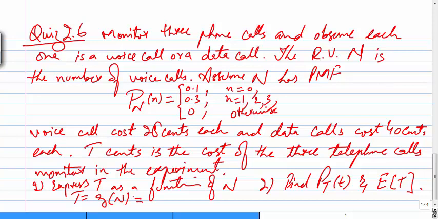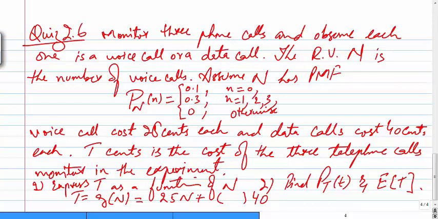Now how do we do that? We know that this tells us about the voice, and the value of a voice call is 25 cents. So this means that we have to multiply 25 times n, that gives us the cost of voice, because this random variable is related to the voice call, plus, but we have to write for data as well, so the data cost is 40, okay, from here.